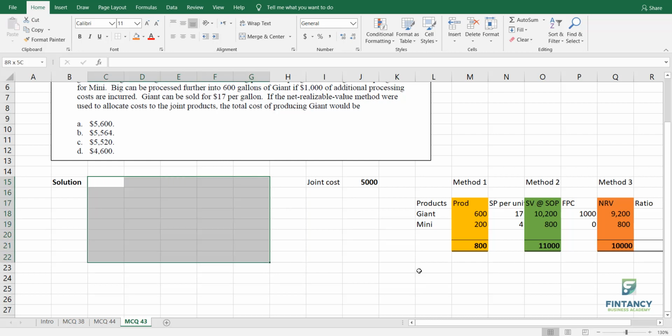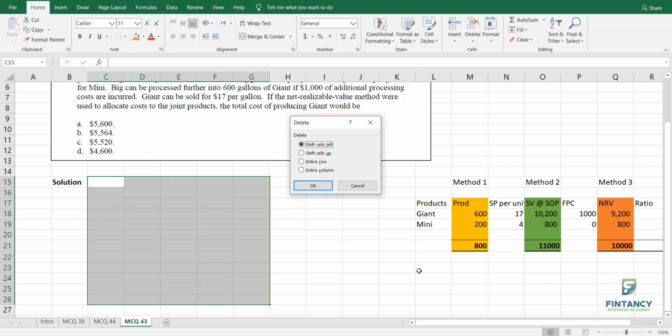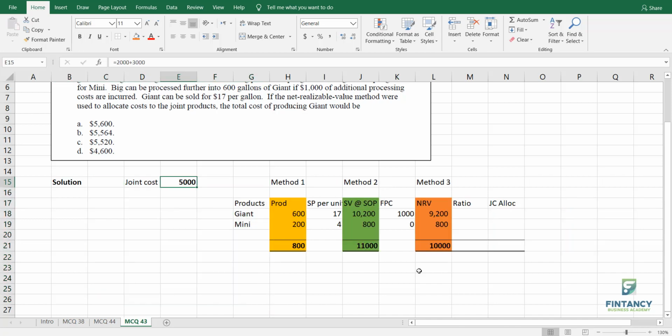So like process costing, if you remember, I told you there is a format. So here also we have this format. Let's take the ratio because we are using method 3 now. So this divided by this. Let's fix it and fix it. In total we have 100%.